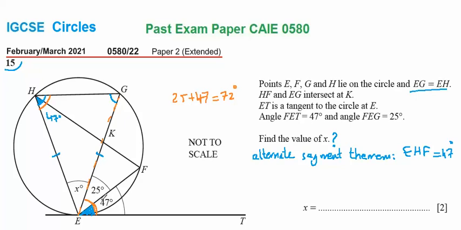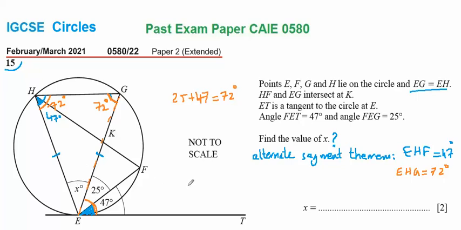So this whole angle is 72, which means, by the same property, the angle EHG is equal to 72. Now if this is 72, this angle is also 72, because they are equal due to the isosceles triangle property. So now this is 72, 72, and this is x.